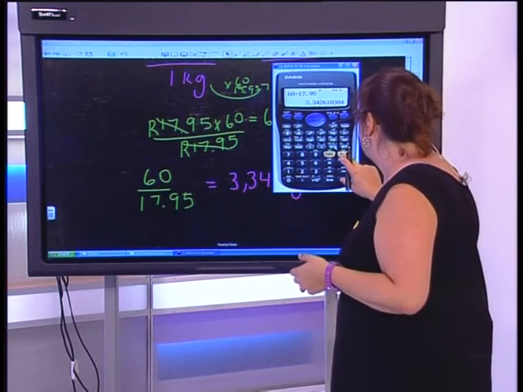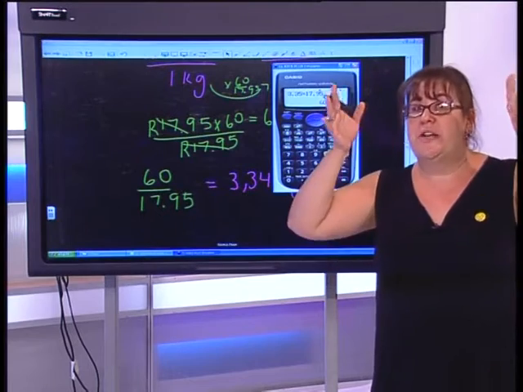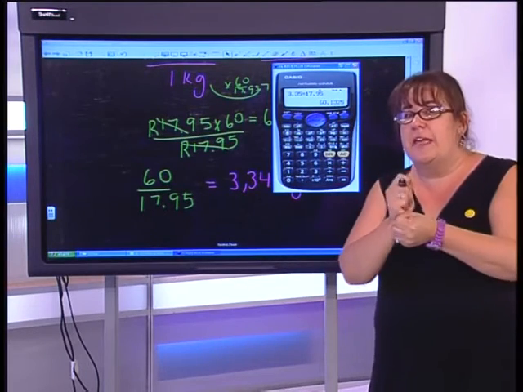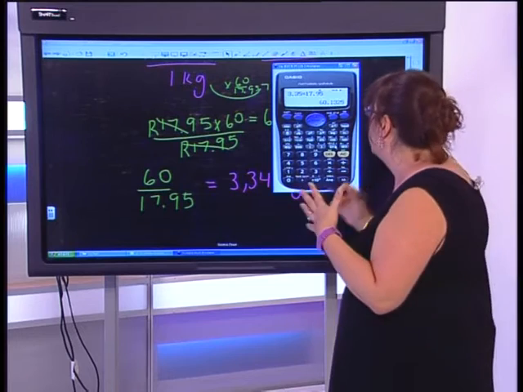So let's just show you she didn't have enough money. If I made that 3,35 times 17.95, what does that cost her? It costs her 60 Rand and 13 cents. Now she doesn't have that 13 cents. So she wanted to budget 60 Rand. So you have to be careful whenever you're rounding. So just be aware of that.